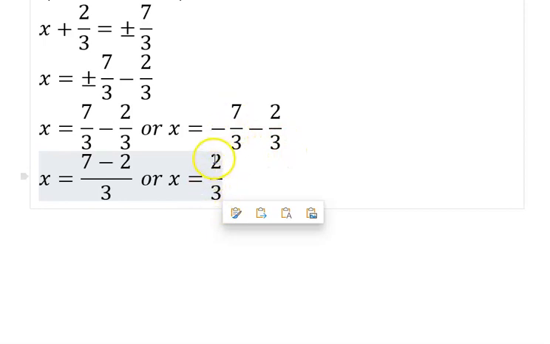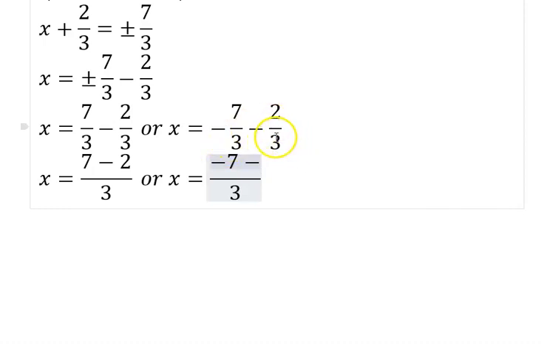3 goes in 3, 1. 1 times 7 gives us what? 7. Minus 2, because we have minus here, 3 goes in 3, 1. 1 times 2 will give us what? 2. So we are almost done.